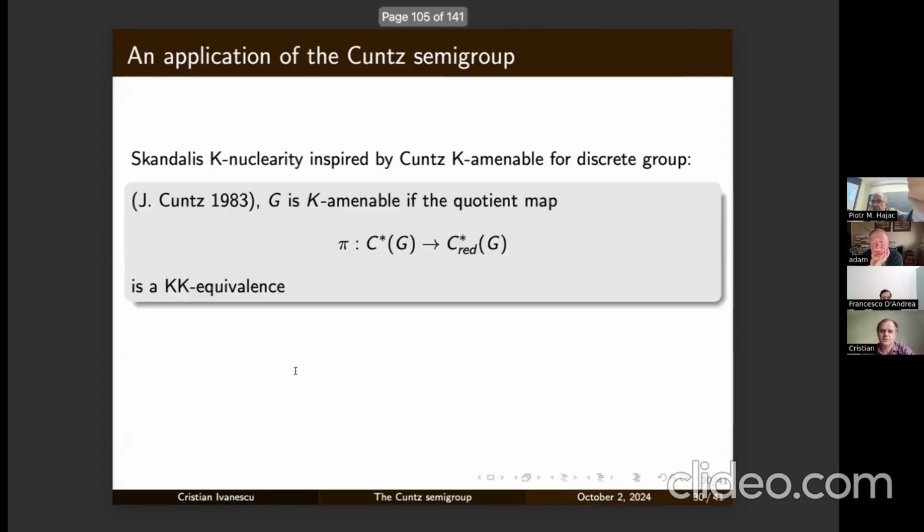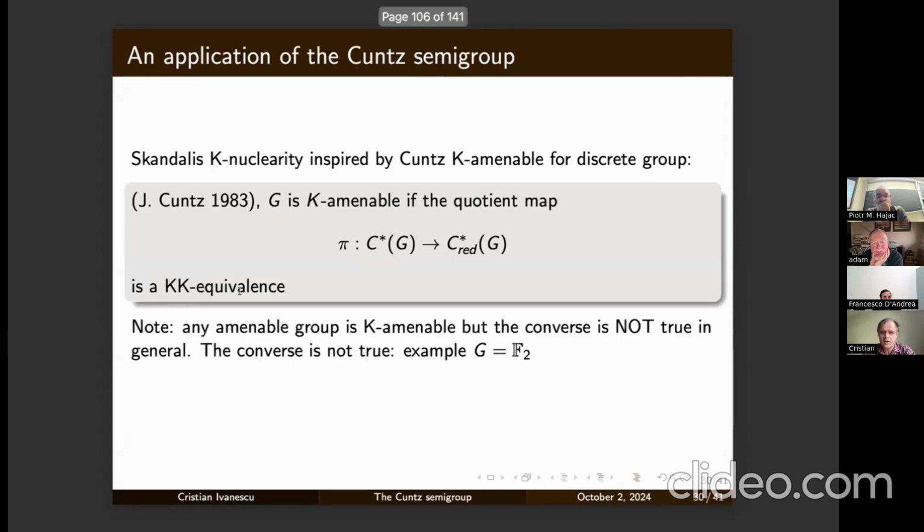Originally, Cuntz, back in 1983, defined that a group G is K-amenable if the quotient map going from the full group C*-algebra to the reduced group C*-algebra is a KK equivalence. Obviously, any amenable group is going to be K-amenable, but the converse is not true. We know that, for instance, you can check it using the free group on two generators.